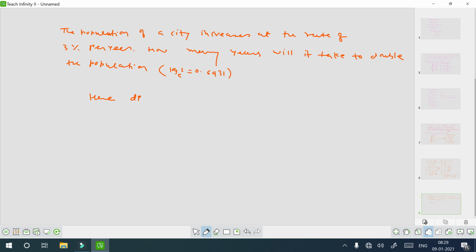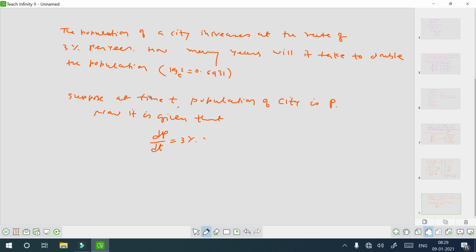Here, suppose at time t, the population of the city is P. Now it is given that dp by dt is equal to 3% of P. So dp by dt is equal to 3 by 100 P. Clear?